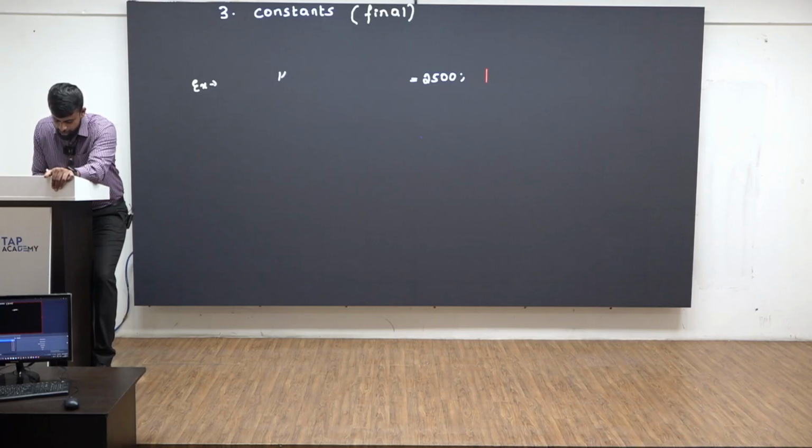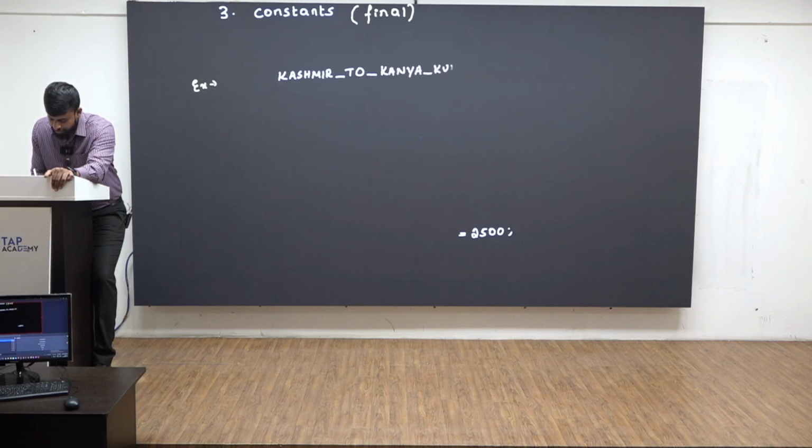I will name it Kashmir, and after that you should type underscore, and after that "to", and after that underscore, and after that Kanya underscore, after that Kumari, like this.